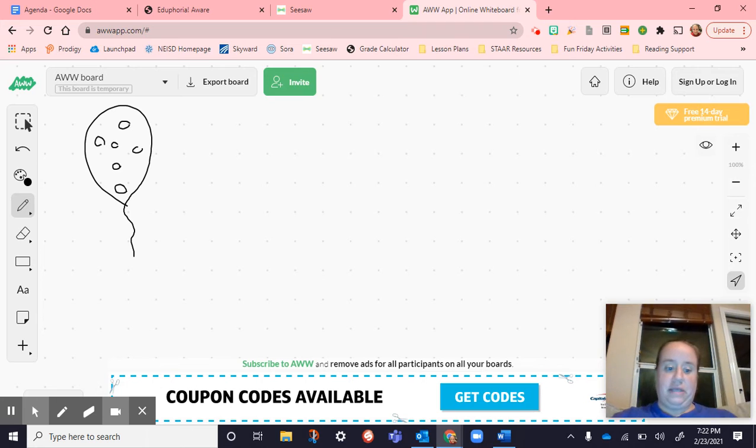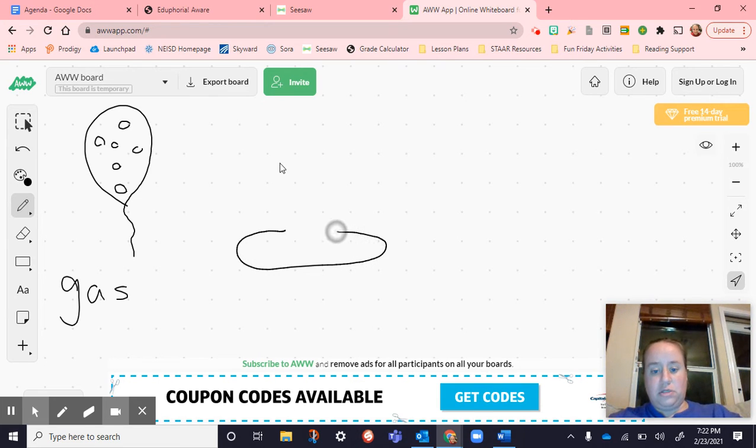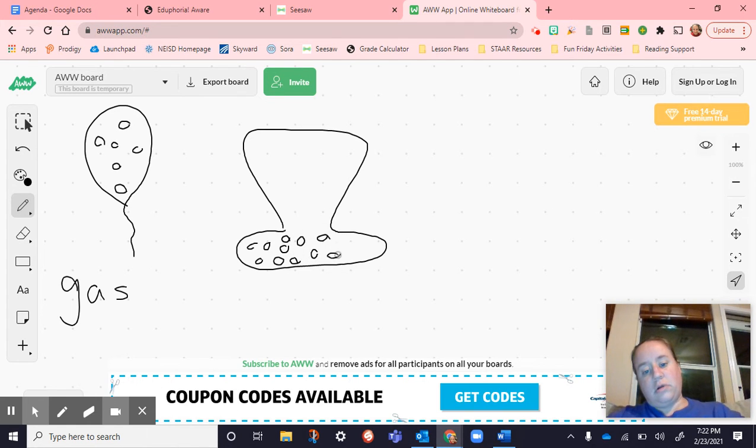They're all over the place. And that was our gas. And then we drew a nice little fancy cup here to show that liquid will take the shape of whatever container it's in. And the liquid, these molecules are a lot closer together.